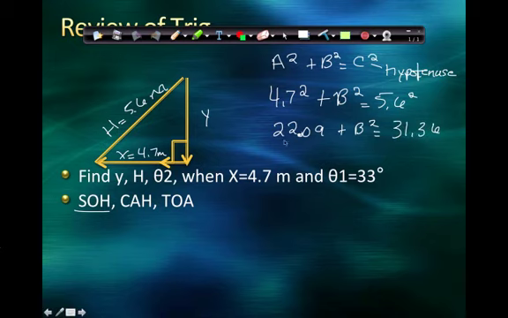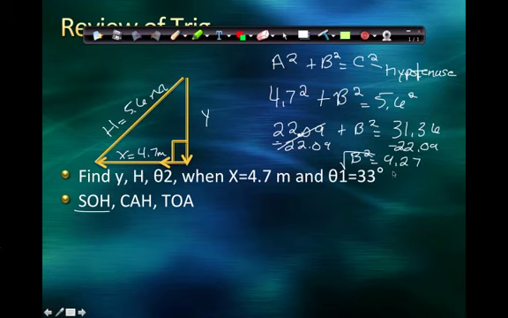All right, so I'm going to subtract 22.09 from both sides. Since I'm adding it here, I'm going to subtract it to get rid of it. So b squared is equal to this minus this. So that's equal to 9.27. I'm not done though because I have a squared here.